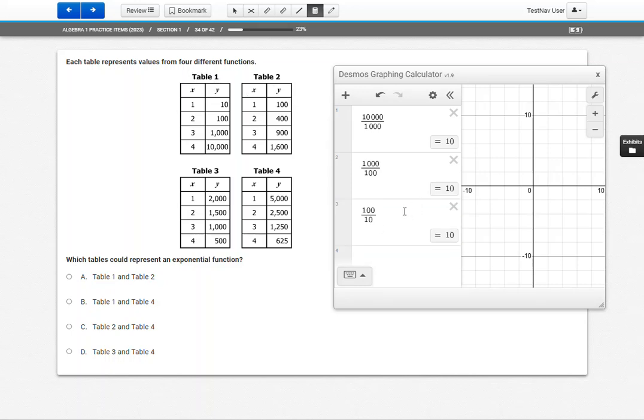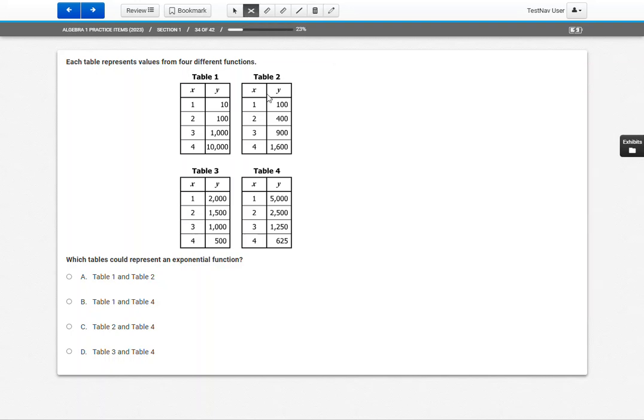And then the other ones I'm just going to explore. Let's look at table number 2. 1,600 divided by 900, 900 divided by 400, and then 400 divided by 100, and so on. See how everything is all different numbers? So this is not an exponential function.